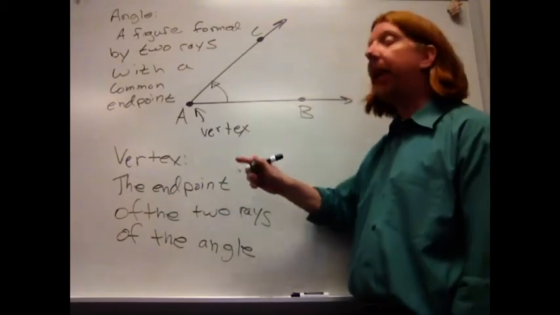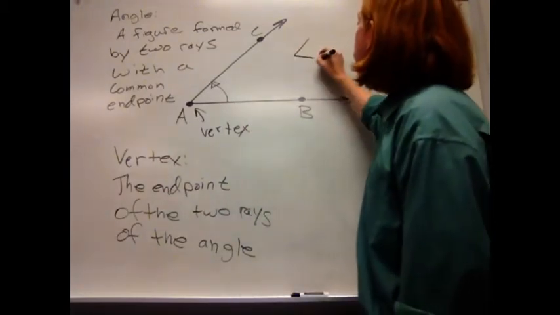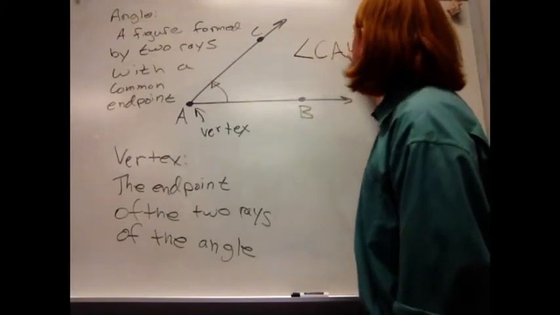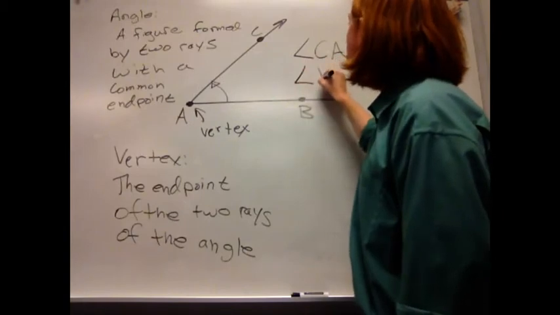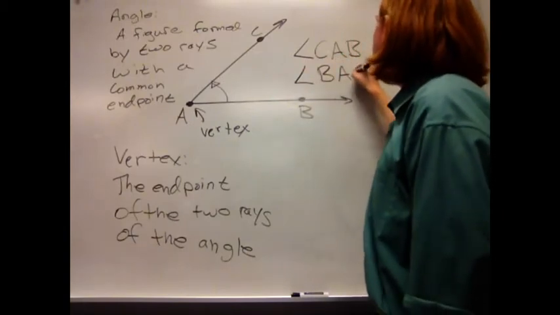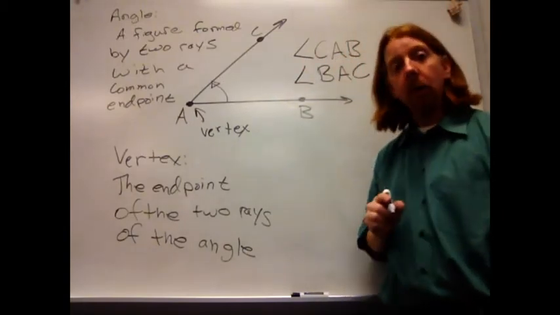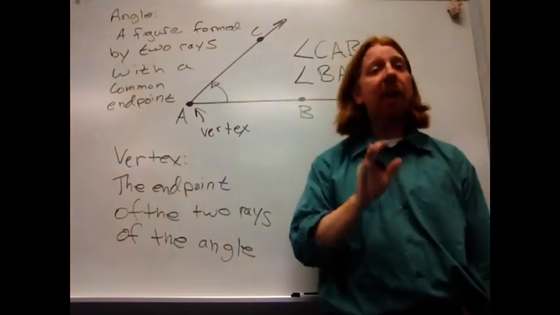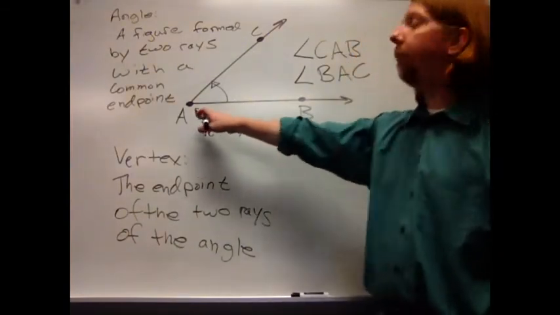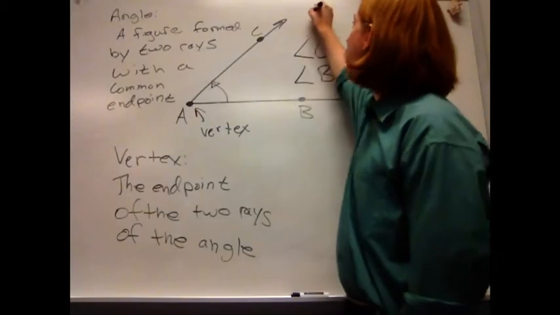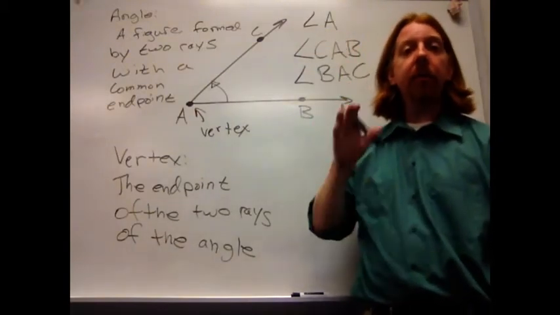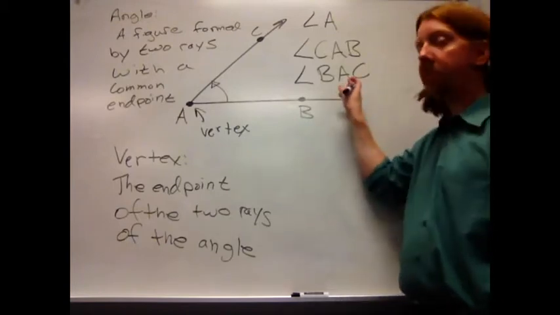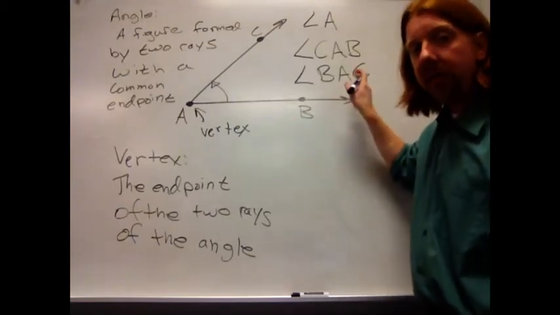This angle's name is angle CAB, or we could call it angle BAC, or if it's the only angle on the page that has a vertex of A, we can just call it angle A. Now it's important to note with this, you'll notice that the middle letter is always the vertex.